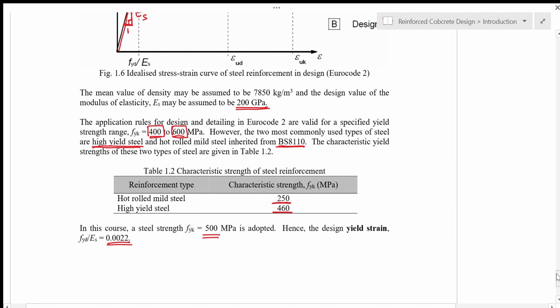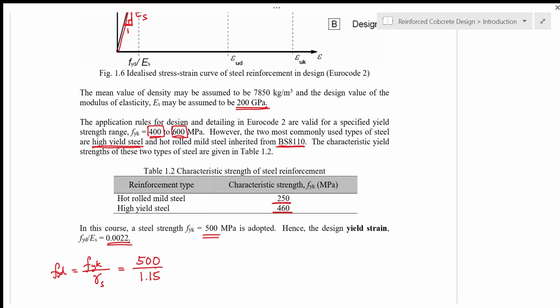So fyd is fyk over the partial safety factor. If we take fyk as 500 megapascal, normally the partial safety factor for steel is 1.15.